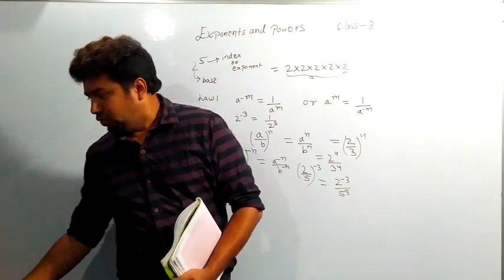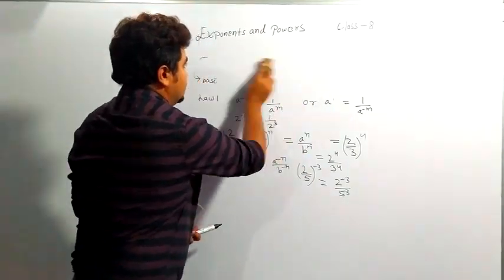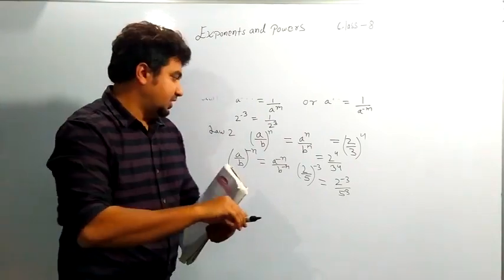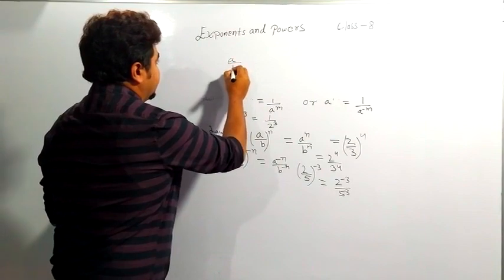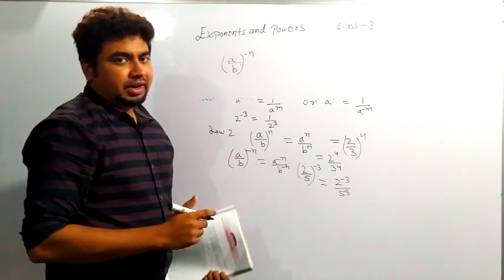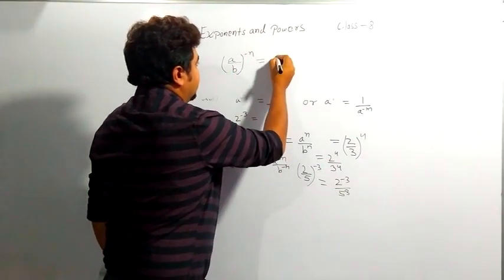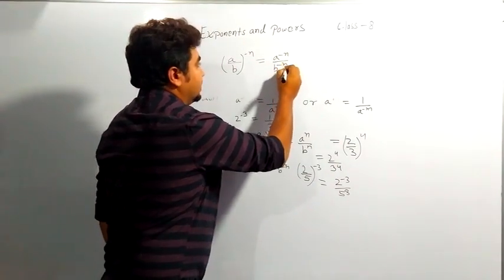Some more examples are there, and some more laws related to this. If I have a by b to power minus n, we can first write it as a to power minus n by b to power minus n.